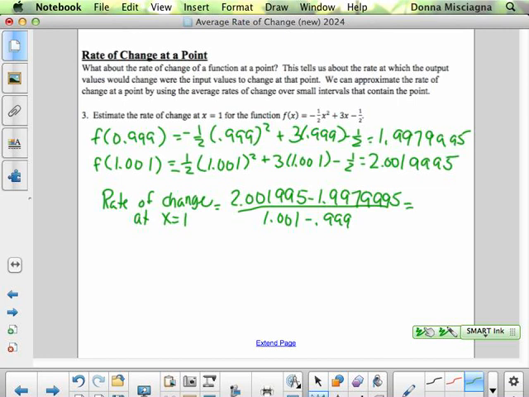All right, what do we get for that one? And by the way, instead of an equal sign here, it should actually be an approximation, although it's pretty close.